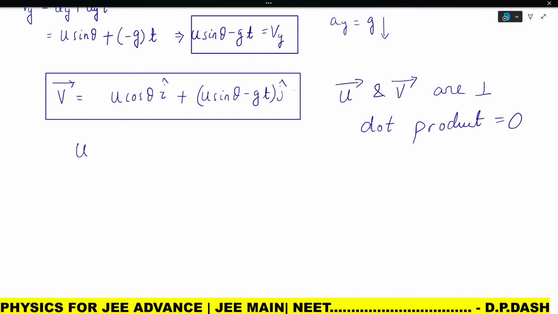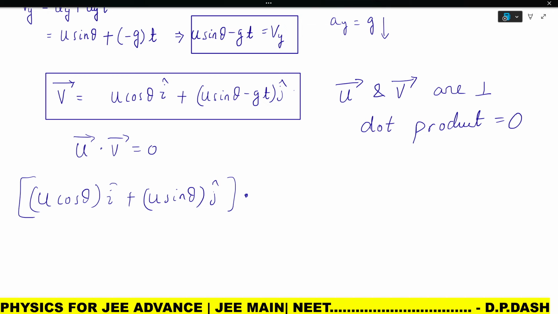So here I can clearly write u vector dot v vector equals 0. So we write u cos theta i cap plus u sin theta j cap, and we'll take the dot product with u cos theta i cap plus u sin theta minus gt into j cap equals 0.